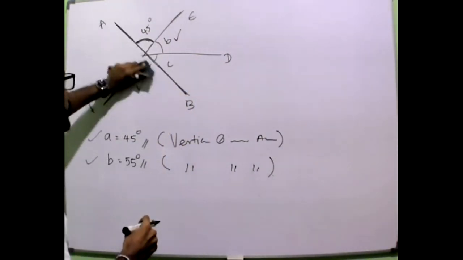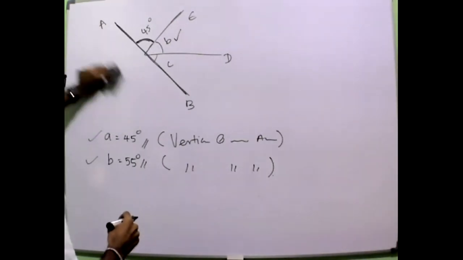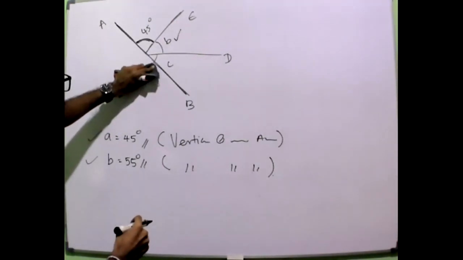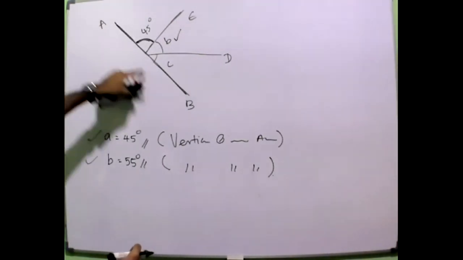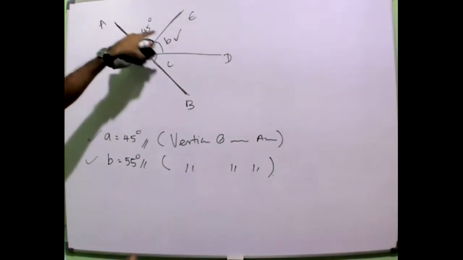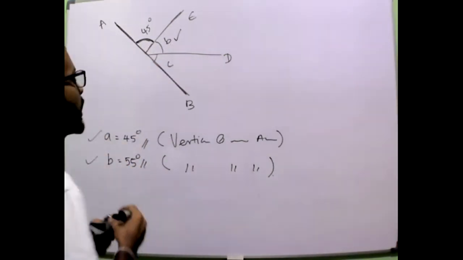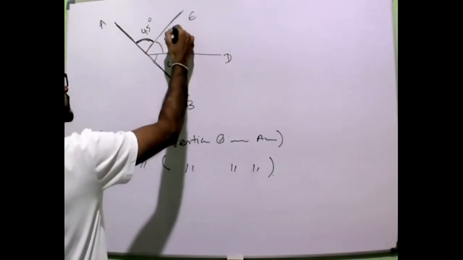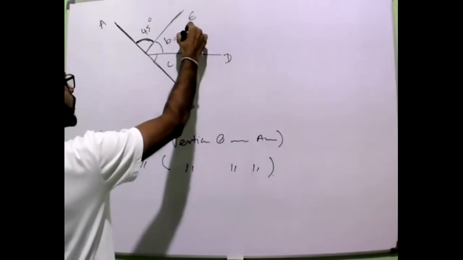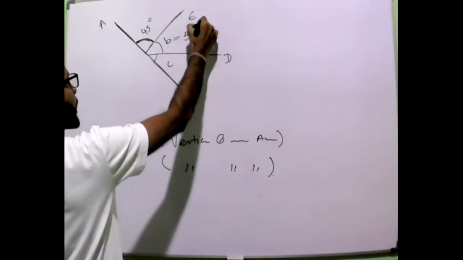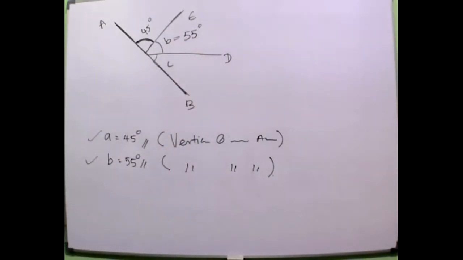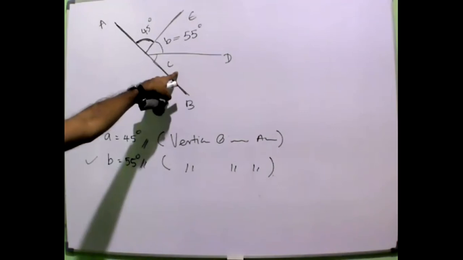So I will forget this part now. Now what is this? AB is a straight line. You have 1, 2, 3 angles, and you know the value of B as well. B is 55 now. Now can you find the value of C or not?